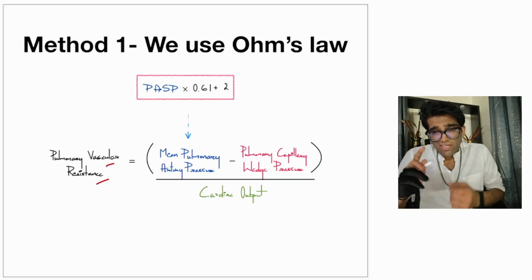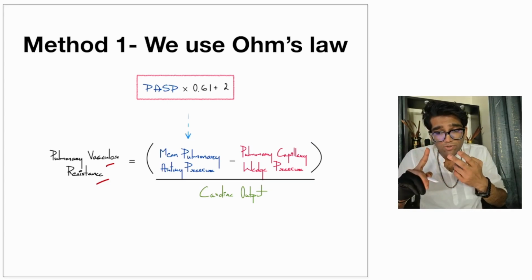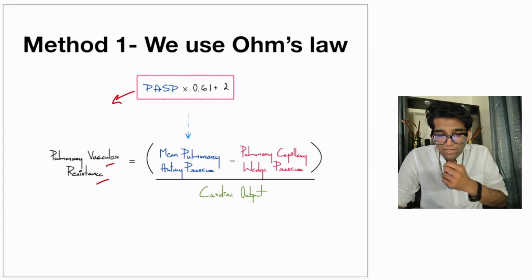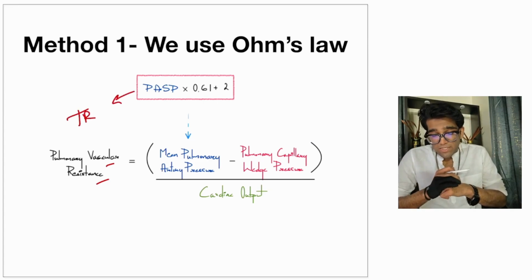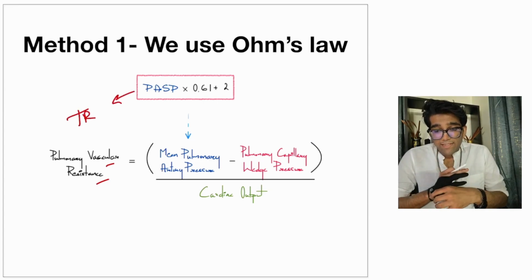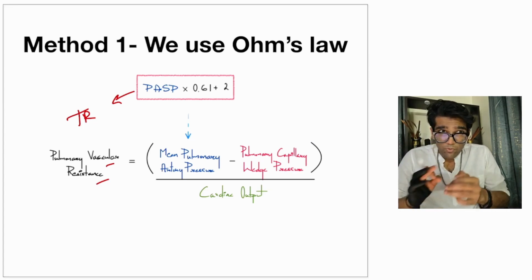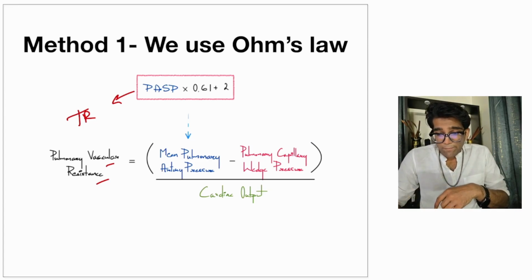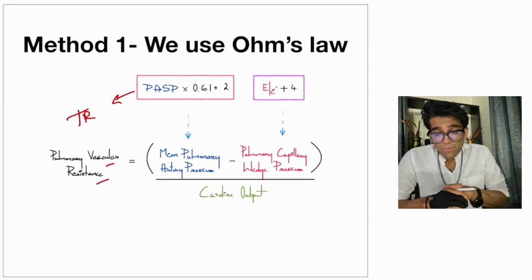I could do it using the acceleration time, or using the pulmonary artery systolic pressure, provided we have a TR, a tricuspid regurgitation jet. I hope that is clear. Or I could even do it using the pulmonary artery systolic and diastolic pressures, provided I have both a tricuspid regurgitation and a pulmonary regurgitation.